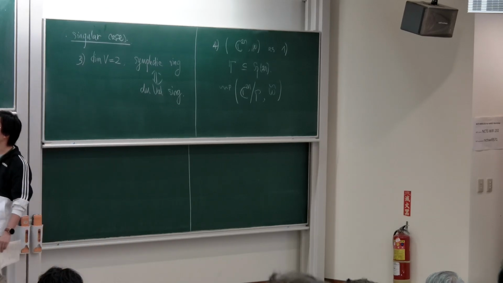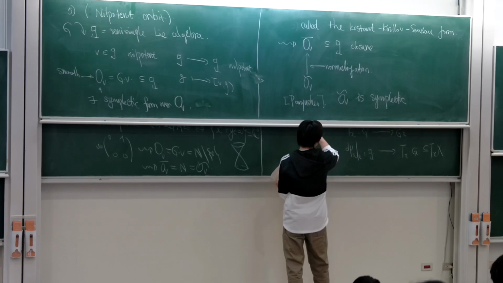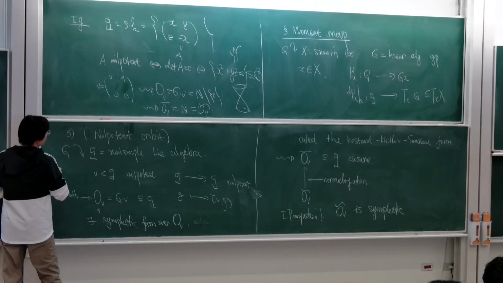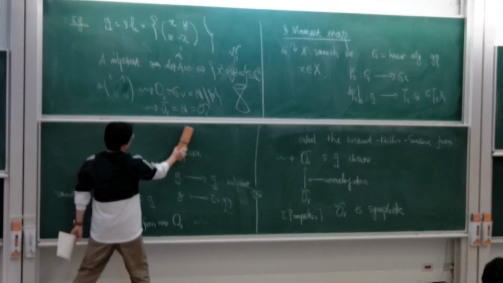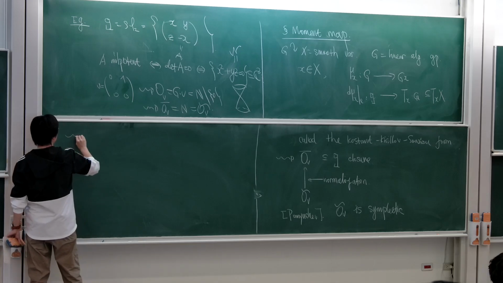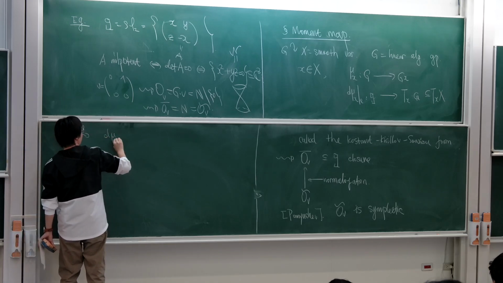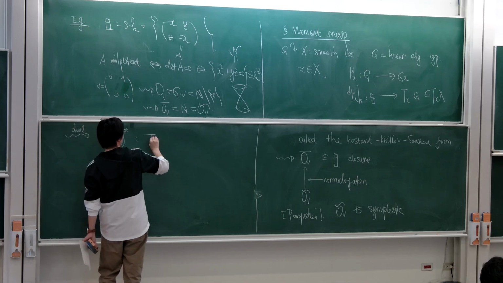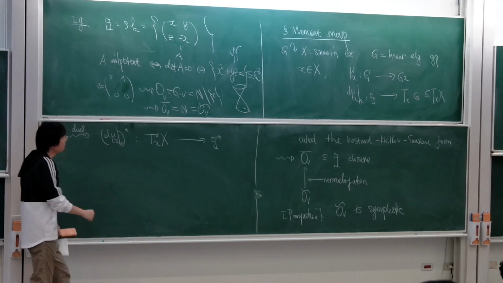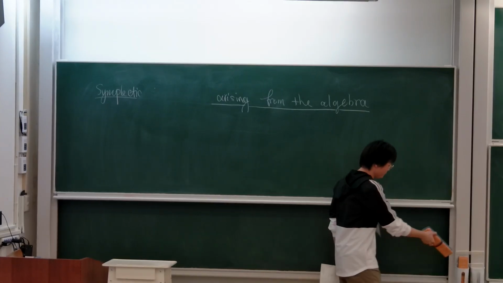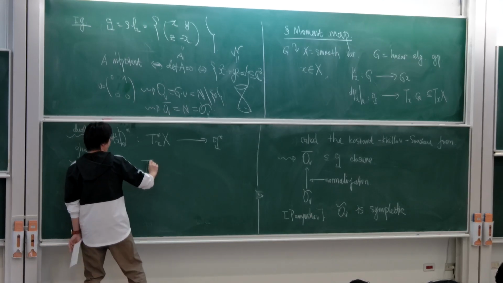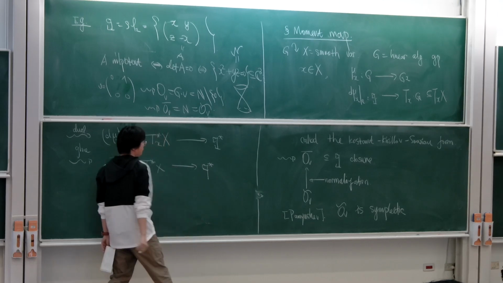This gives a linear map from the Lie algebra of G to the tangent space of this orbit, which is of course a subspace of the tangent space of X at x. Now you take the dual of this linear map. So you get a linear map from the cotangent space of X at this small x to the dual of the Lie algebra of G. Then you put this together, and you get a map from the cotangent bundle of X to the dual of g.